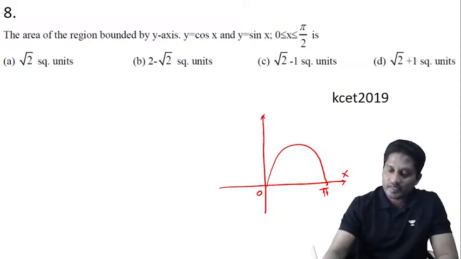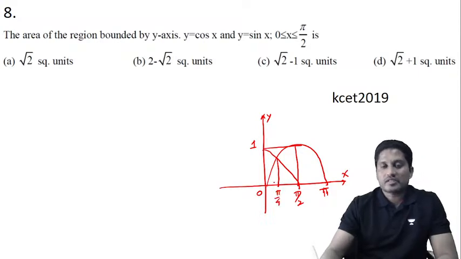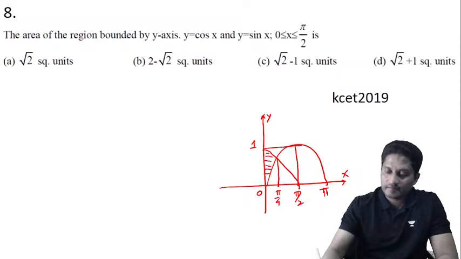Okay, x-axis, y-axis, sine 90 is 1. This is sine graph. Cos 0 is 1, cos 90 is 0. Sine and cos will cut at 45. Area bounded between cos and sine between 0 and pi by 2 and y-axis, this area.